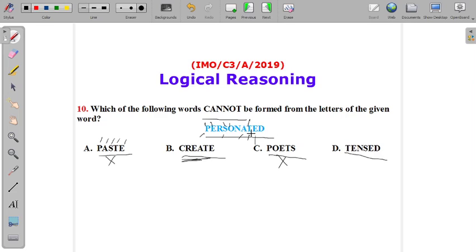Tensed: T available, E available, N available, S available, again E available, again D available. So all these three, option D, option A and option C, are available, but in this case a letter C is given which is not available in the given word. So the answer here will be B.